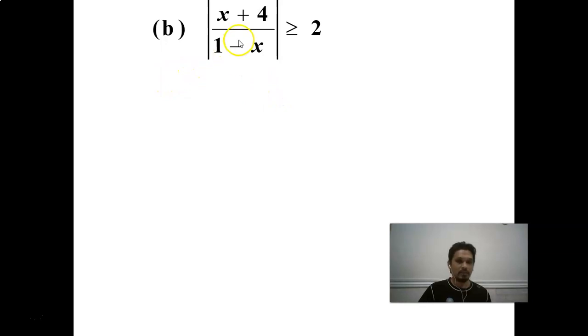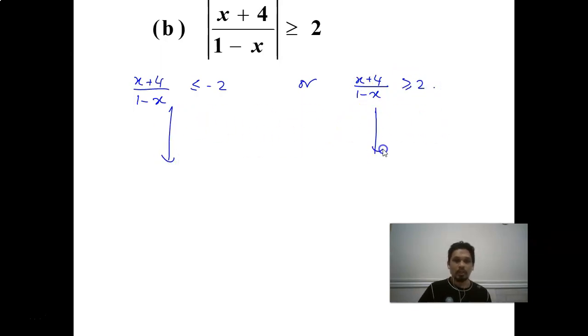If I separate this into two parts, you get (x + 4)/(1 - x) less than or equal to -2, or (x + 4)/(1 - x) greater than or equal to 2.